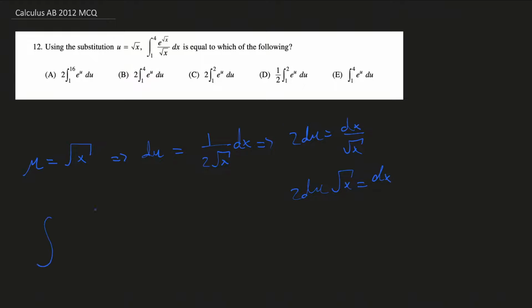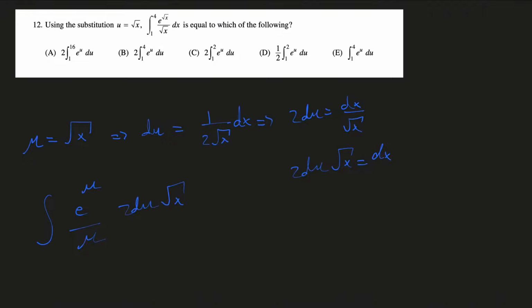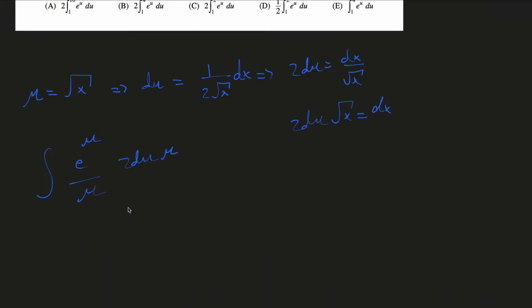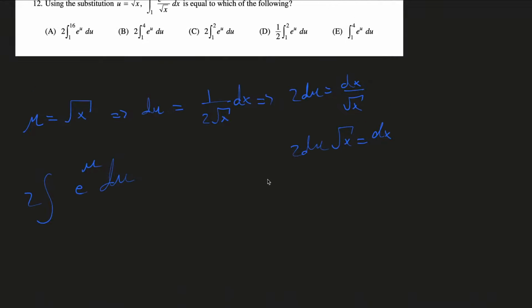So into our initial expression, e to the u, now we just replace square root of x with u over u, and the dx is now 2 du square root of x, which we again called u, which would mean that these parts would cancel, so that would just leave us with 2 du. Now the final part is figuring out the upper and the lower limit.